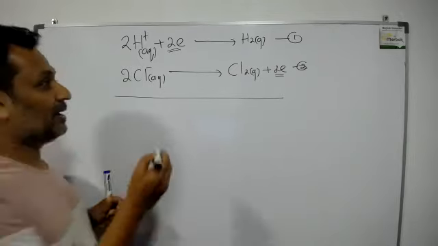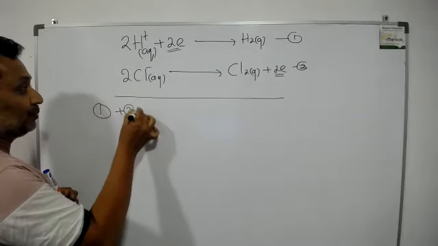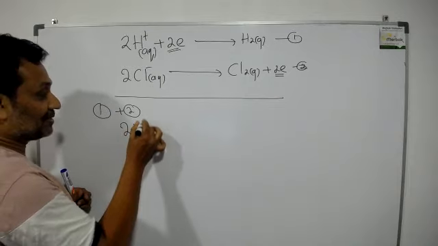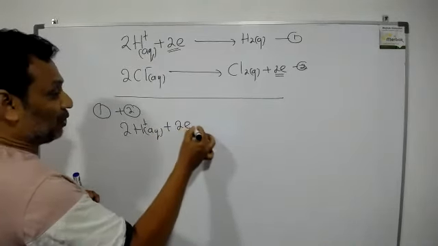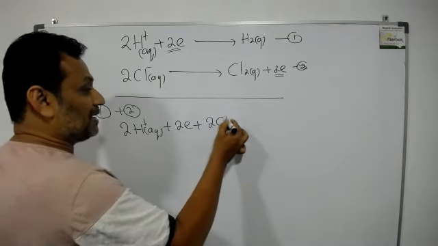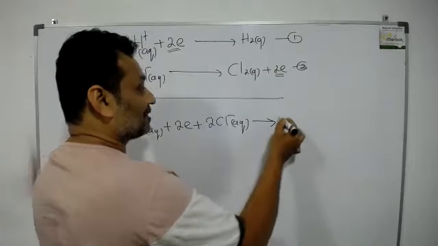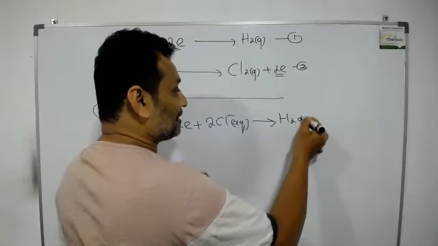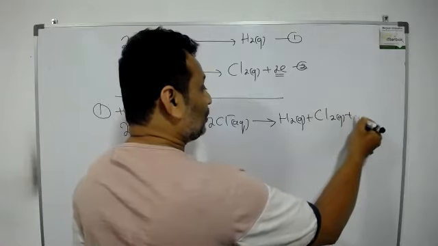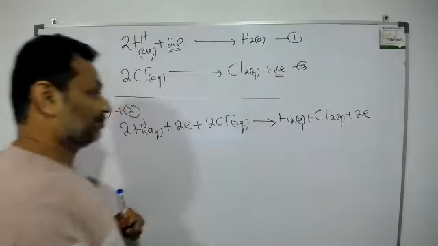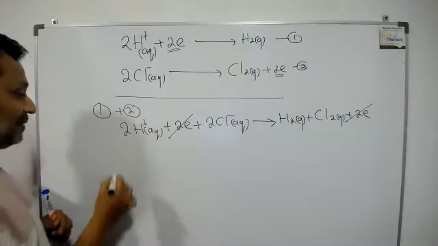So you can directly add them: 2H plus aqueous plus 2 electron plus 2 Cl minus aqueous, giving us H2 gas plus Cl2 gas and 2 electron. Now the 2 electron we can cancel.